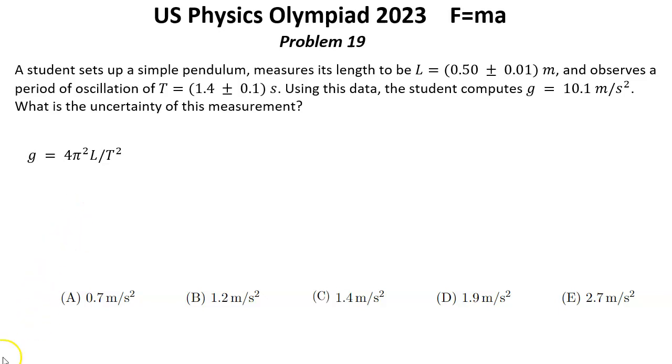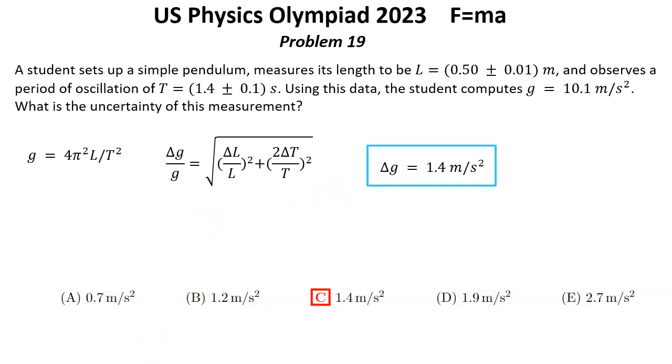From this we can use this formula, delta g over g equal this expression. Thus we have delta g equal 1.4 meters per second squared, and that's answer C, and that was the solution for problem number 19.